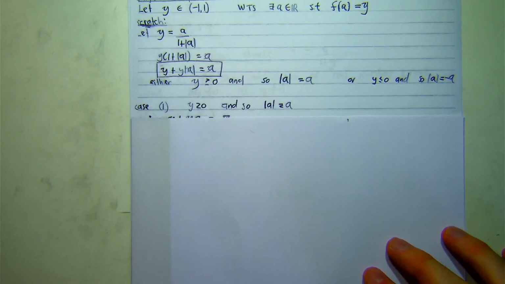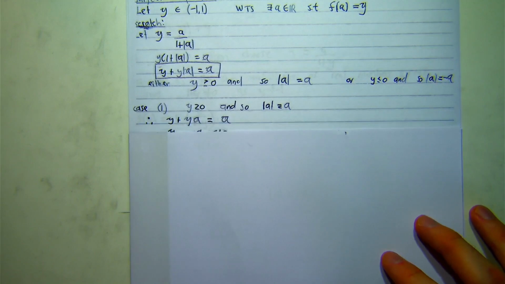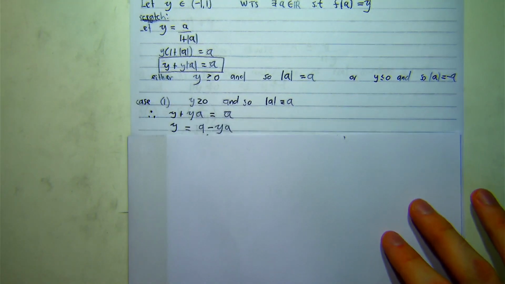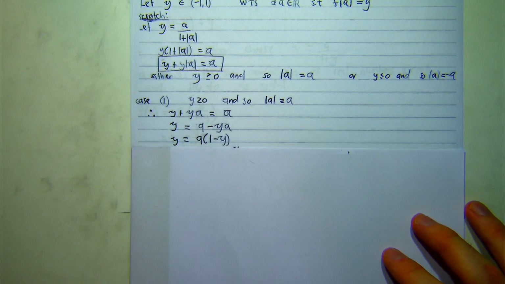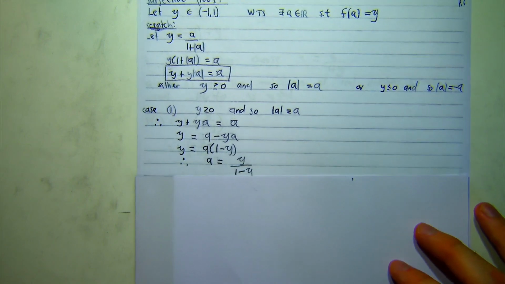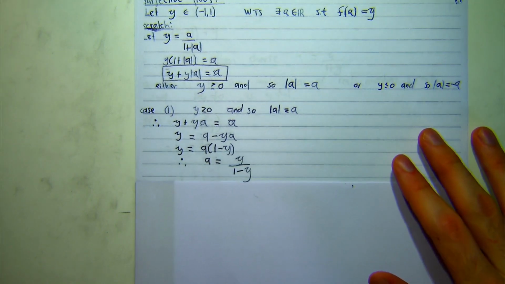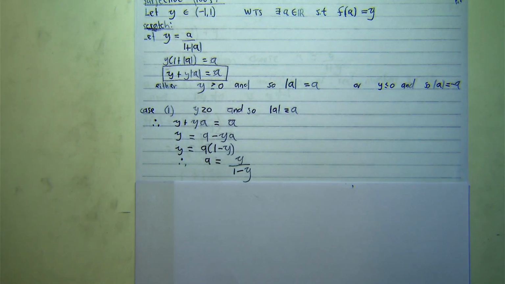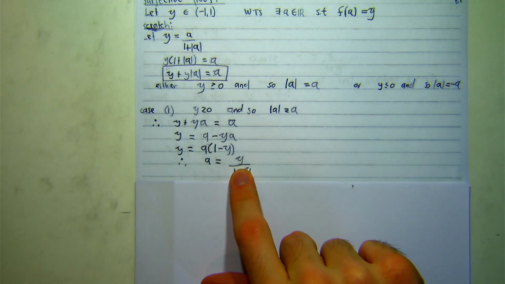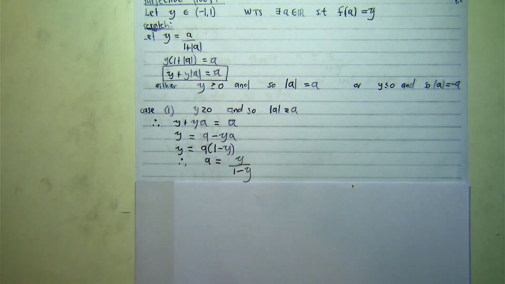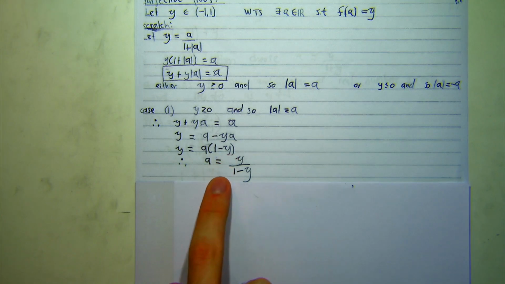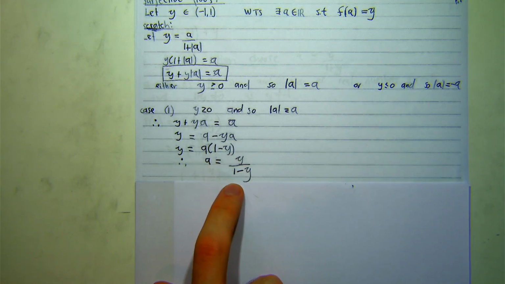So case 1, if your y is positive and so A is also positive, then we have this expression here, and rearranging that, we get this: A is equal to y over 1 minus y. So if y was a positive number, 0.5 for example, we can plug this into our formula. 0.5 divided by 1 minus 0.5 is 0.5 divided by 0.5, which is 1.